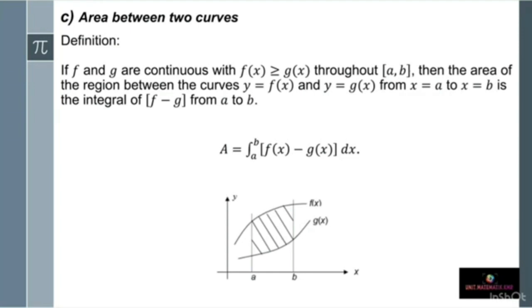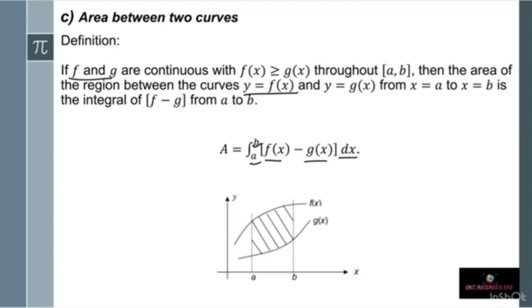The definition: if f and g are continuous with f(x) greater than or equal to g(x) throughout [a, b], then the area of the region between the curves y equals f(x) and y equals g(x) from x equals a to x equals b is the integral of f minus g from a to b.